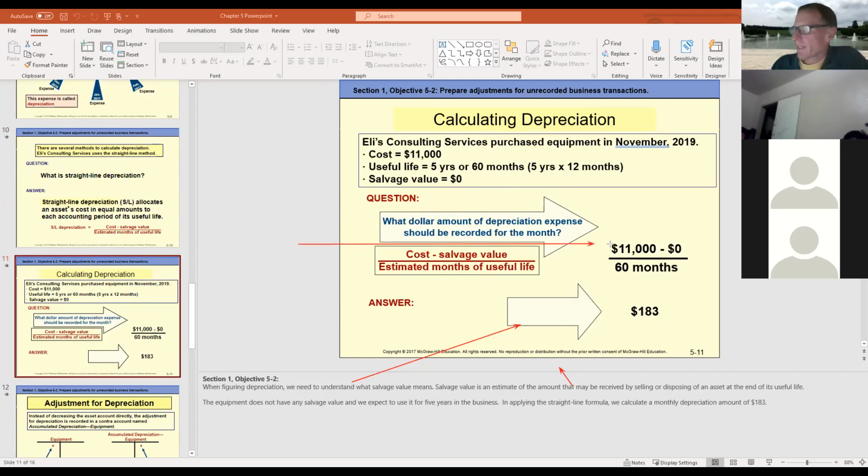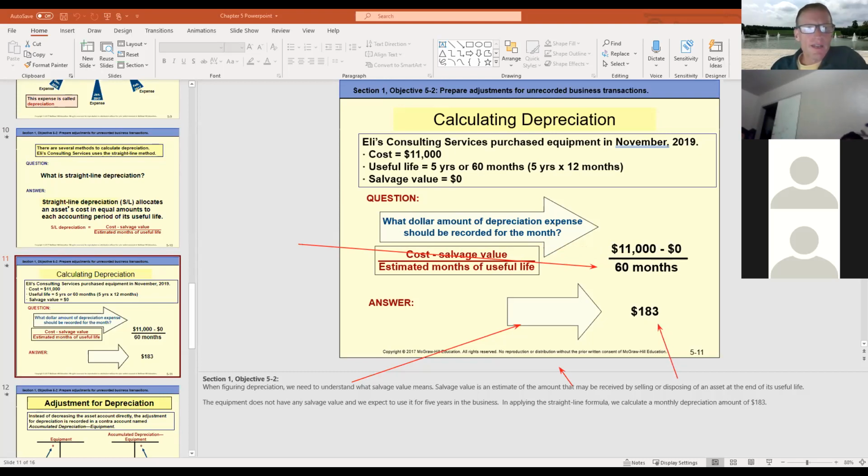So to get it, you take the 11,000 minus 0, and they divided it by 60 because they wanted the monthly allocation. So when they do this, they came up with $183 as the monthly depreciation. So once we do that, then you go back to the problem and you say, well, how many months of allocation do they want? And then you have to record the adjusting entry.